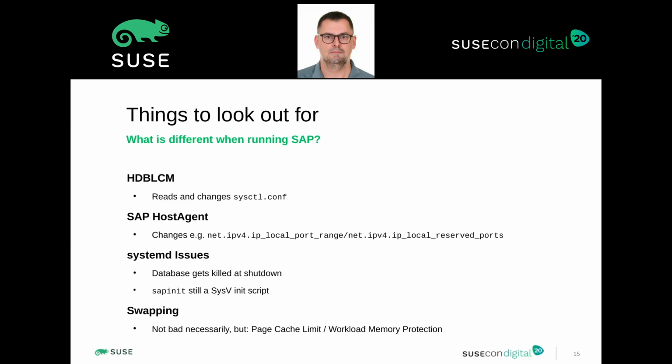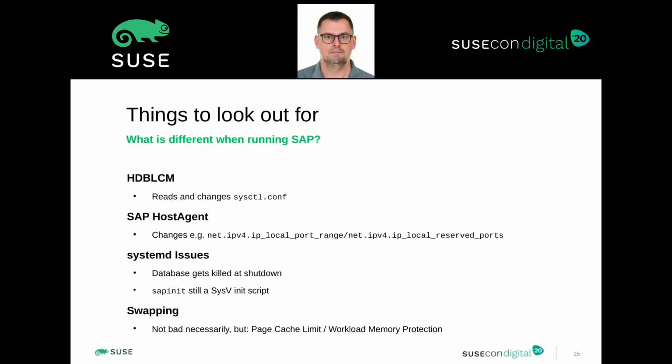In SLES 12 we also have a feature called page cache limit, which protects against a certain kind of memory pressure. This has been removed in SLES 15 and replaced with a more advanced, more flexible solution called workload memory protection.